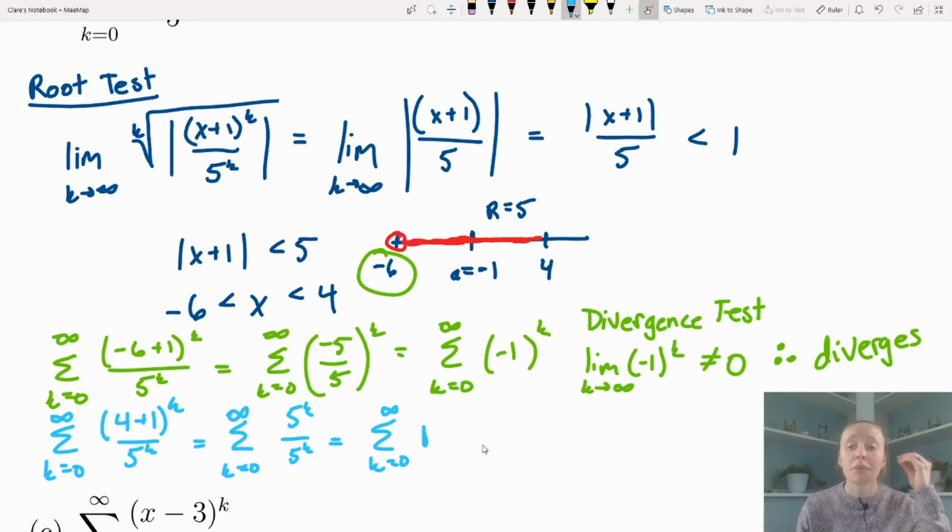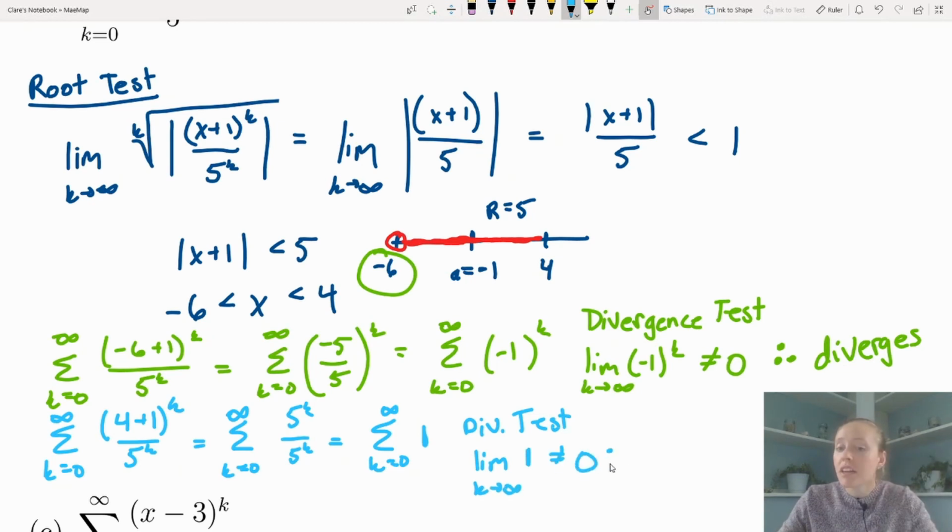Again, this is as simple as doing the divergence test, because if we take the limit as k approaches infinity of 1, which doesn't equal 0, therefore when x is 4, we're diverging as well. So because we're diverging when x is 4, that means we're not going to include 4 in our interval of convergence. So we're going to have an open circle around 4 as well.